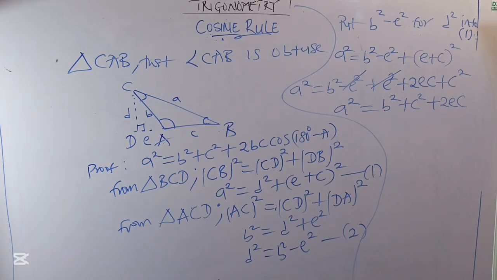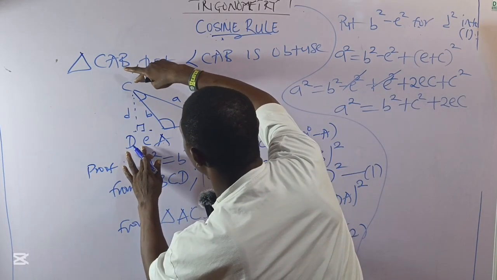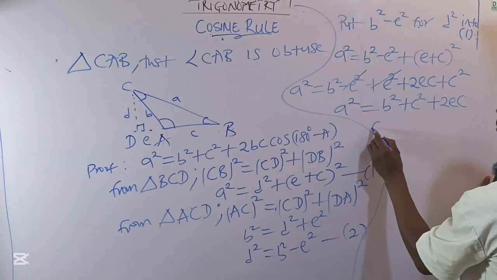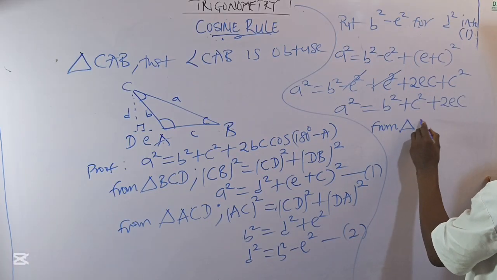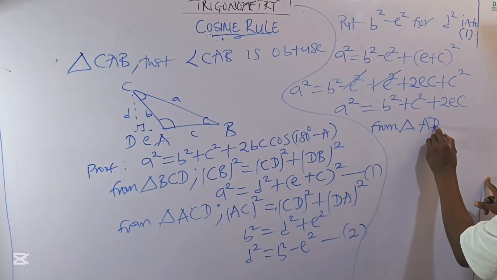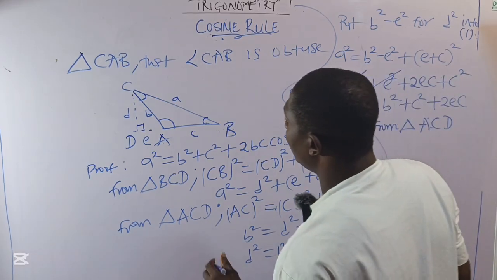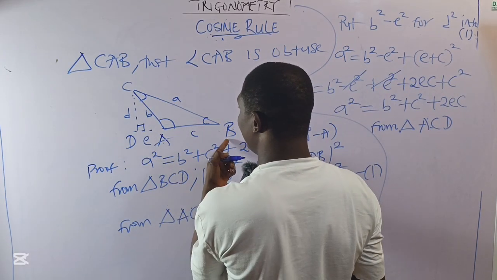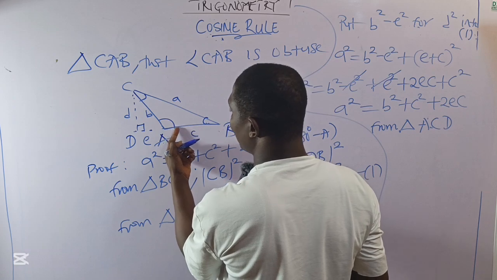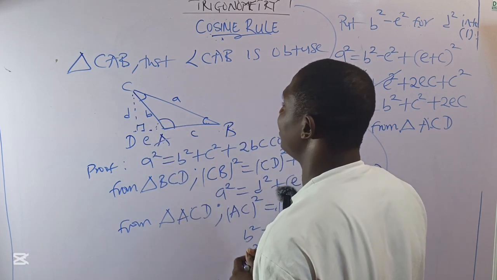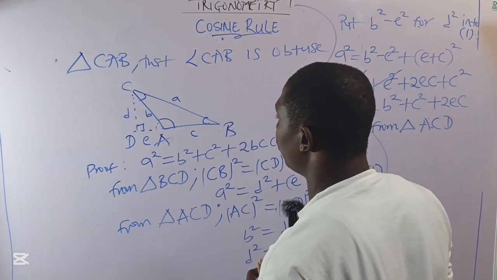Now from this triangle ACD again, if this angle CAB is obtuse, greater than 90, then this angle here must be less than 90. Why? The sum of angles in a triangle is 180.